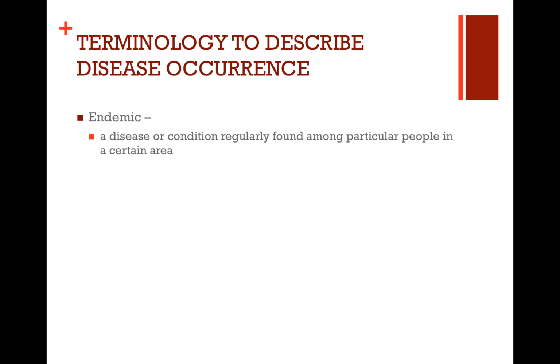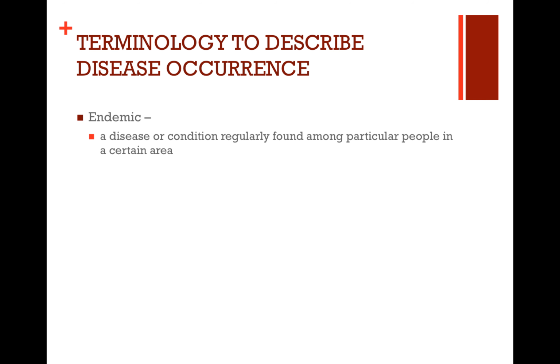And so some terminologies that we use to describe disease occurrence, and these tend to be used mainly around infectious diseases, but can also be used around chronic diseases as well. The first is endemic. A disease that is endemic is something that you expect to find. There are certain diseases in certain geographic areas, and you expect to see a certain number of cases.